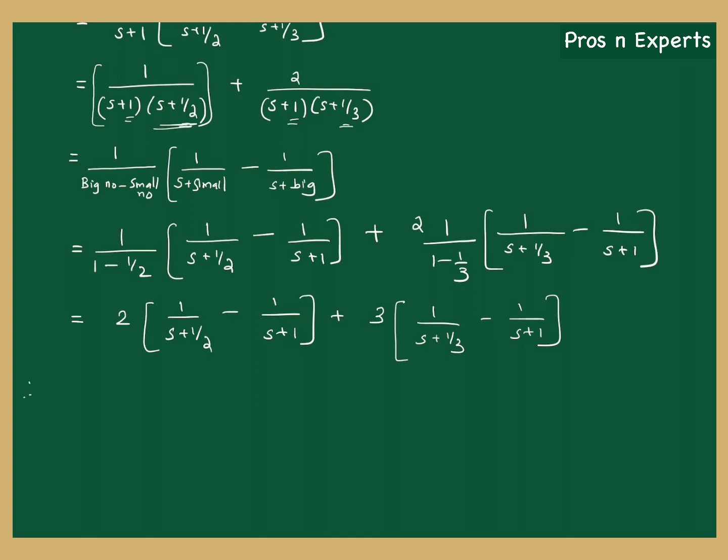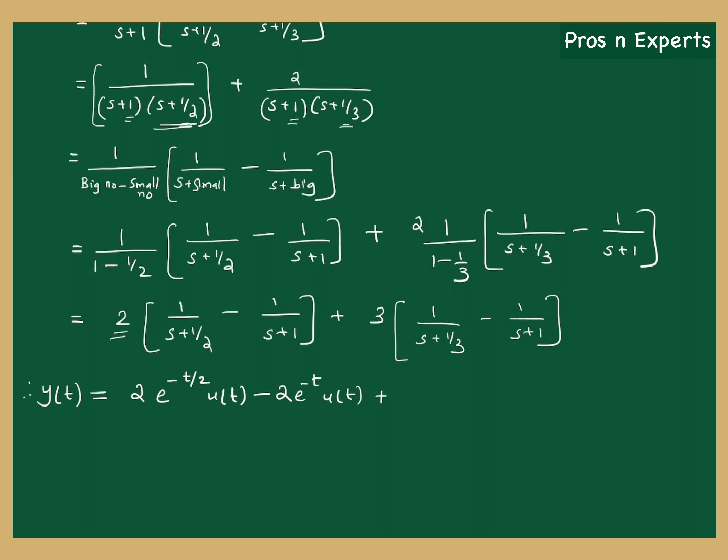Okay, therefore y of t is equal to, finding the inverse transform, 2 into, what is the inverse transform of this term? It should be e raised to minus t by 2 into u of t, minus, this 2 is common, so 2 into, what is the inverse Laplace transform of 1 by s plus 1? It is e raised to minus t u of t.